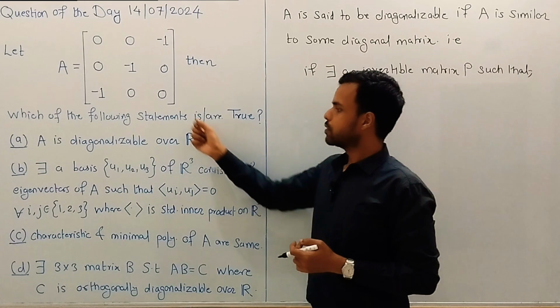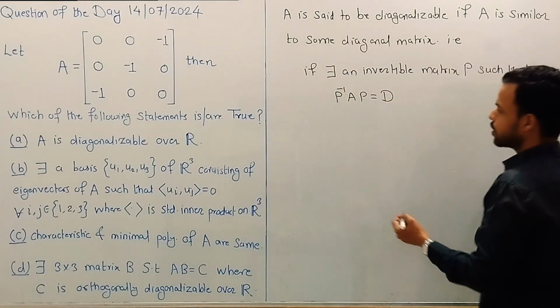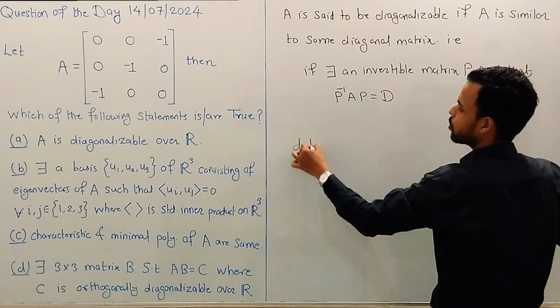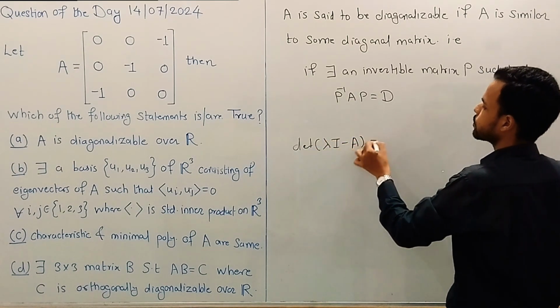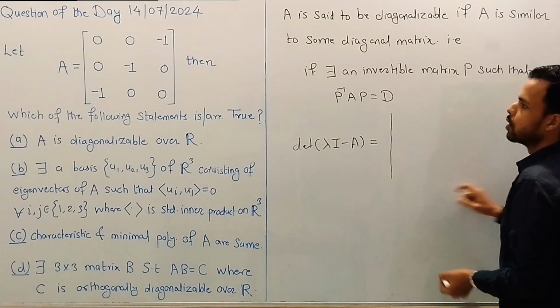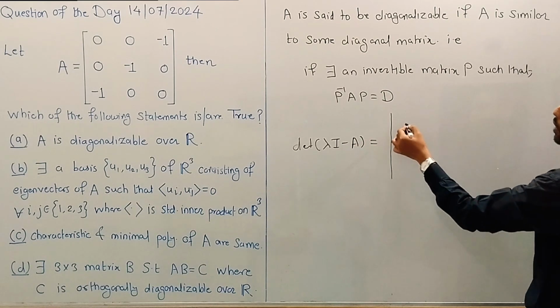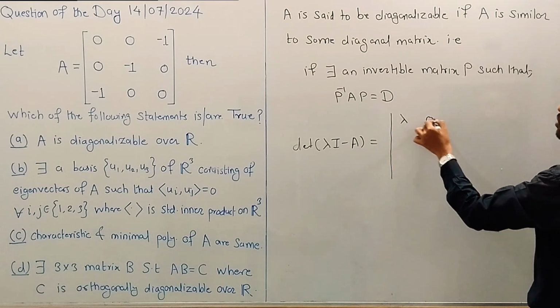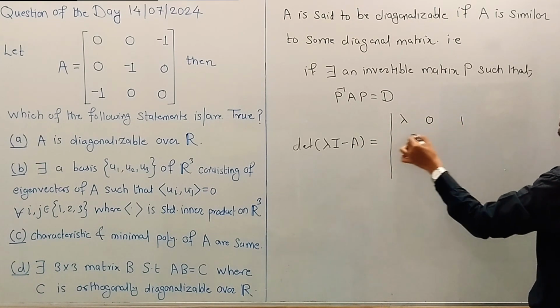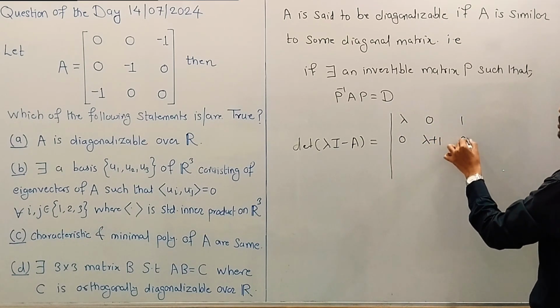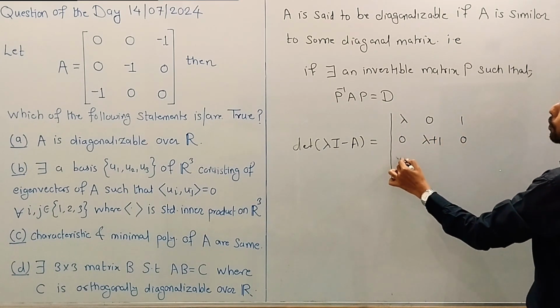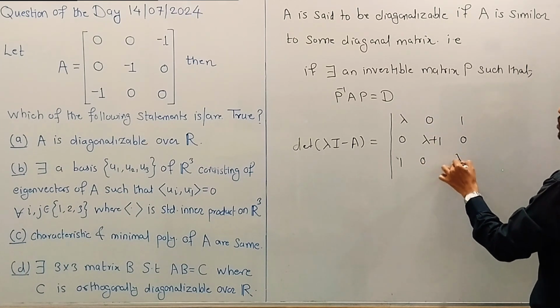So to find the eigenvalues of matrix A, let's consider the determinant of lambda I minus A. This determinant is equal to the determinant of the matrix with rows (lambda, 0, 1), (0, lambda+1, 0), (1, 0, lambda).